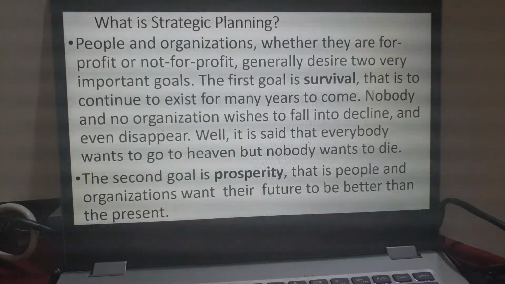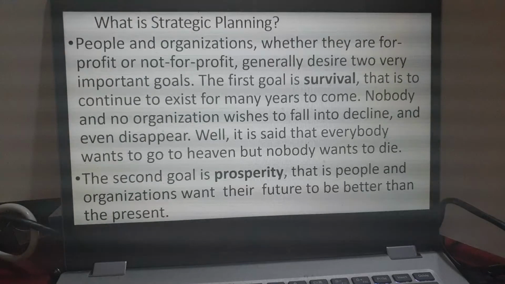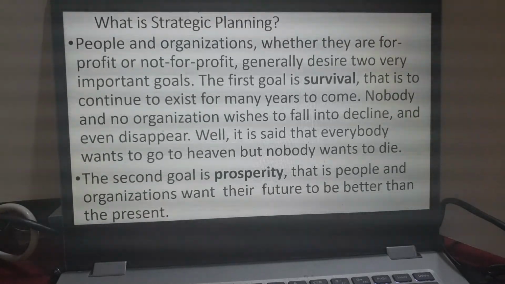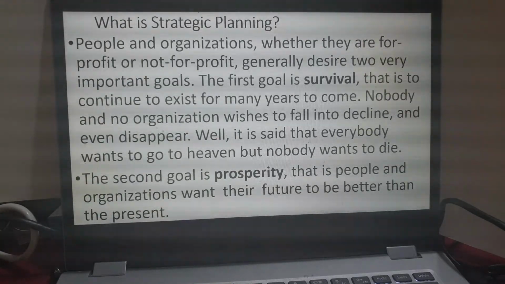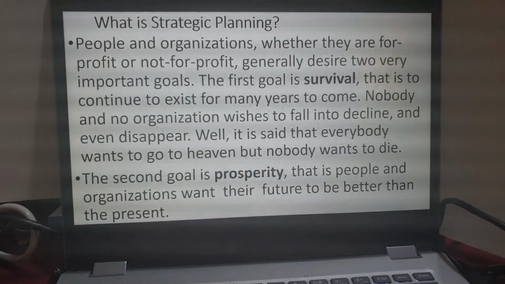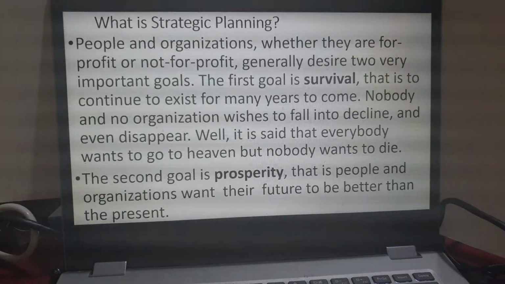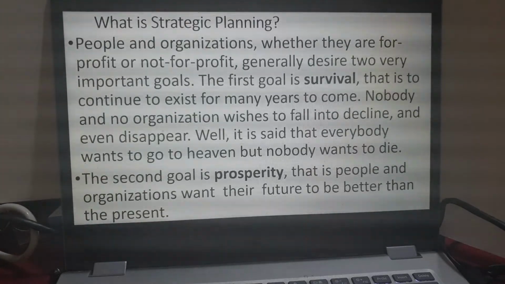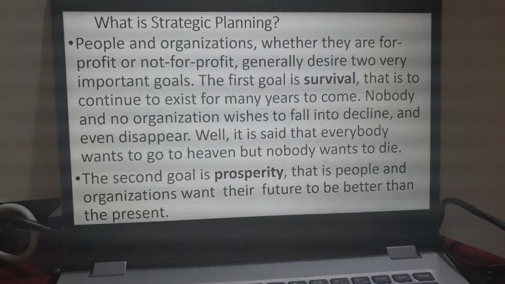People and organizations, whether they are for profit or not for profit, generally desire two very important goals. Me and you, we desire two important goals. The first goal is survival. That is, to continue to exist for many years to come.